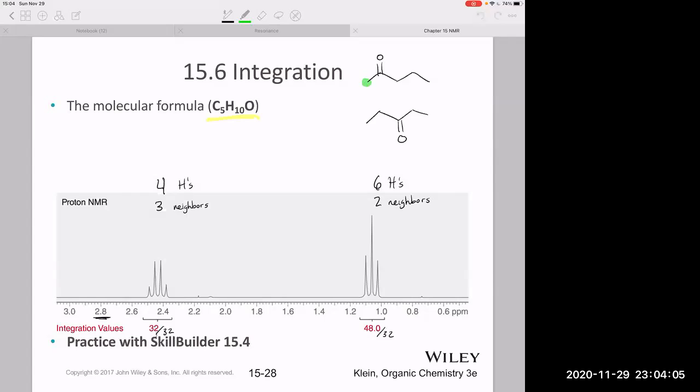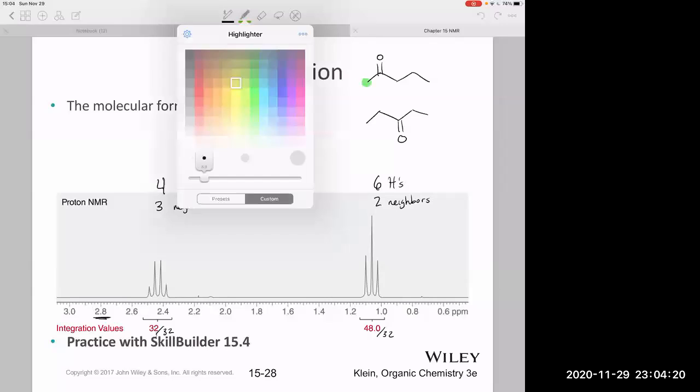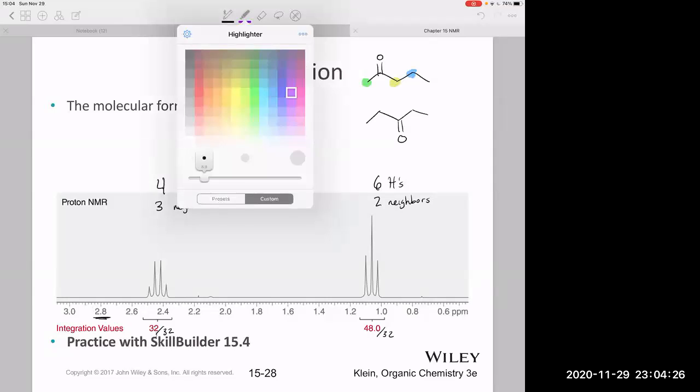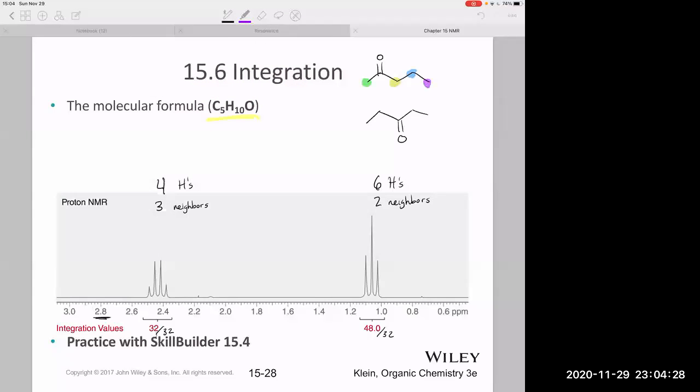This is also a methyl group, but they are not chemically equivalent, right? Because one of them is directly next to the carbonyl group, the other one is on the other side. Another way of saying that is I don't have nice symmetry around this molecule. So all four of these possible groups of hydrogens are going to be chemically distinct. They are not chemically equivalent.